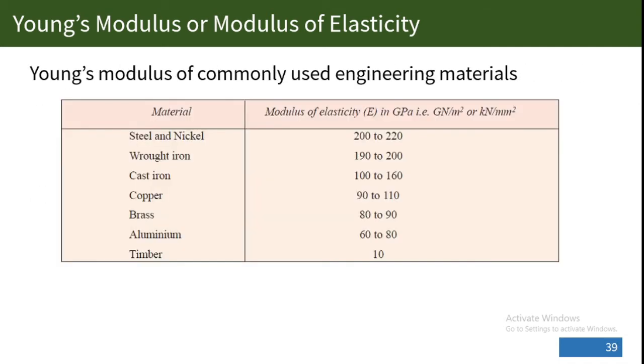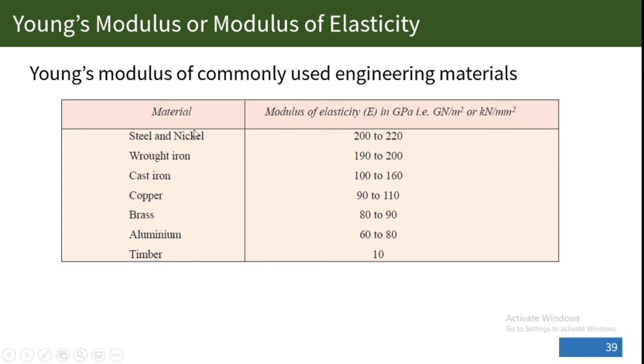So this table indicates that materials with high values are not easily deformed. The highest modulus of elasticity in this table is steel and nickel, so steel and nickel are more rigid than the timber or the aluminum.